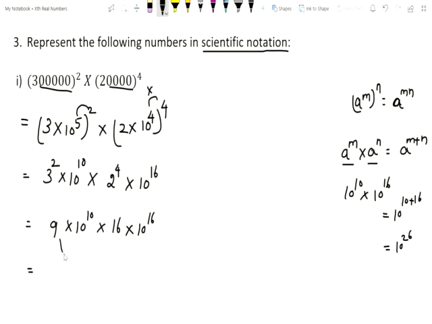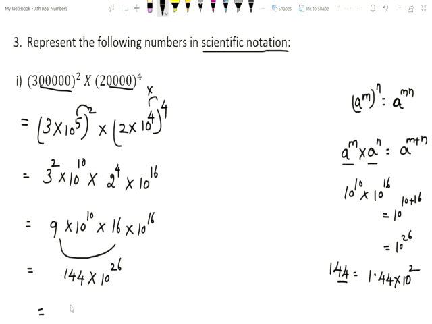First you multiply this. 9 into 16 you get 144 into 10 power 26. Now the 144 you should convert into scientific notation. See here 144, how we are going to convert? 1.44 into 10 power. Here after the 1, 2 digits are there, 10 square.